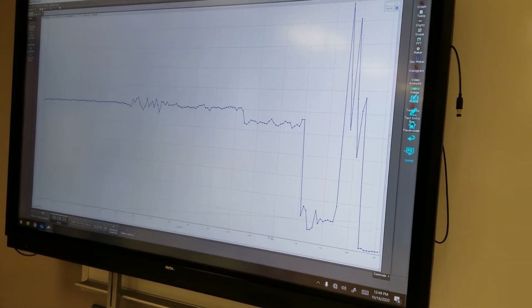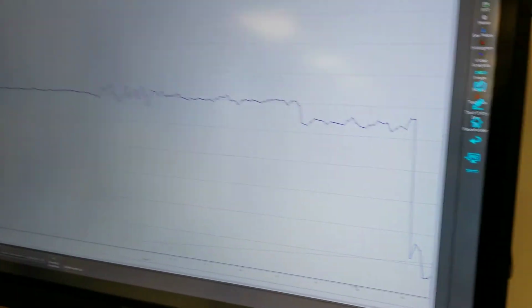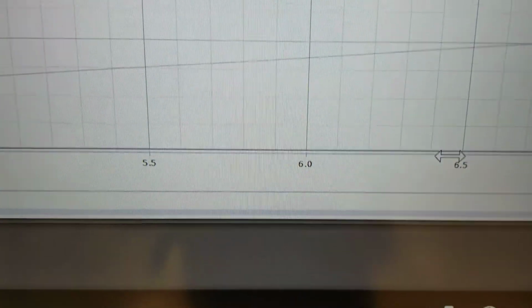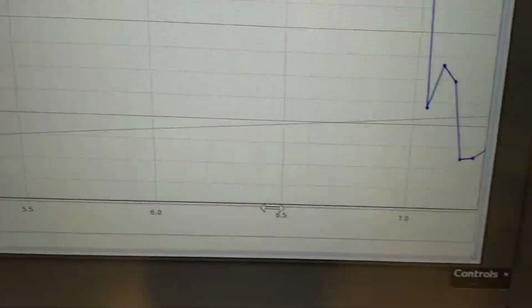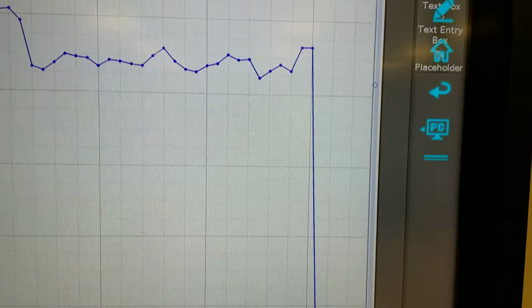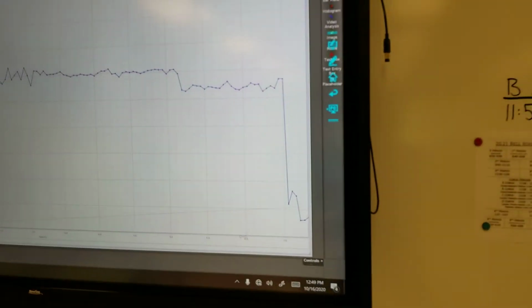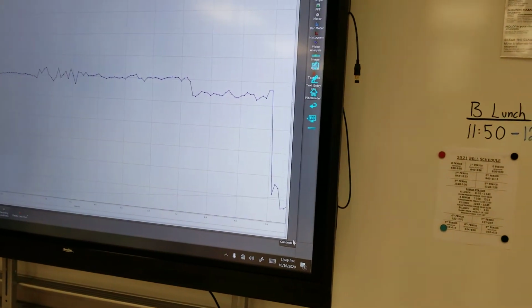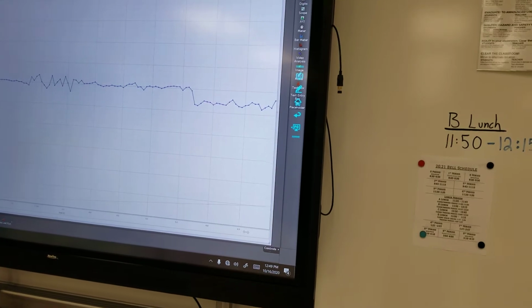So I'm going to zoom in a little bit. Remember that it accelerated from about 5.5 seconds. There's 5.5 seconds. You notice there's this little drop off to about 6.5 seconds. After that little spike right there, I'm just going to cut it off. So here's what was actually happening during the time that it was accelerating.